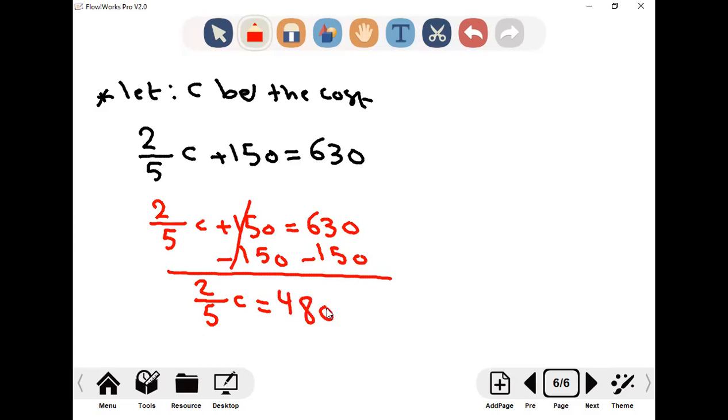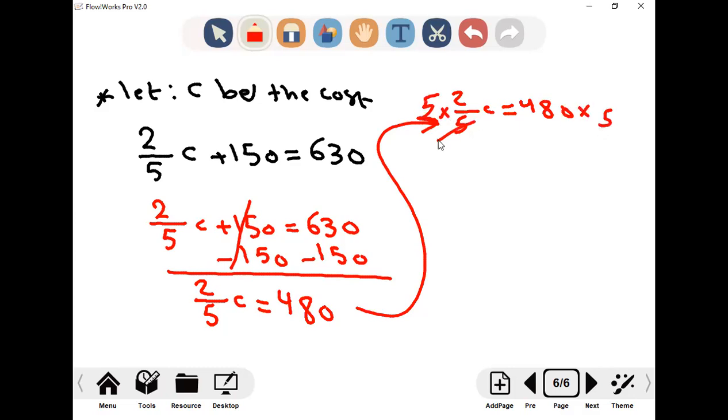480. Now here I have two ways. I can multiply by 5 on both sides to get rid of this denominator, or I can divide both sides by 2/5. But let's multiply by 5. So here I have 2/5 C equals 480. I'll multiply both sides by 5 to get rid of this 5.